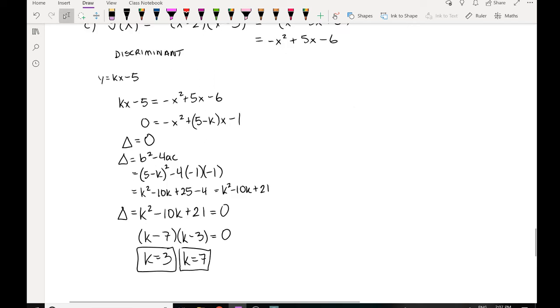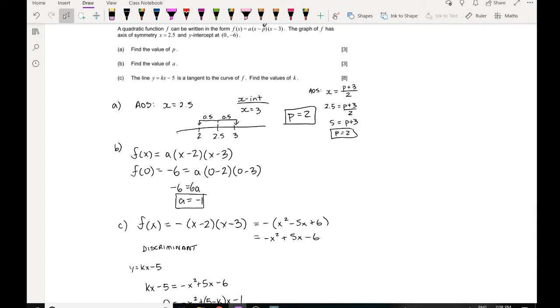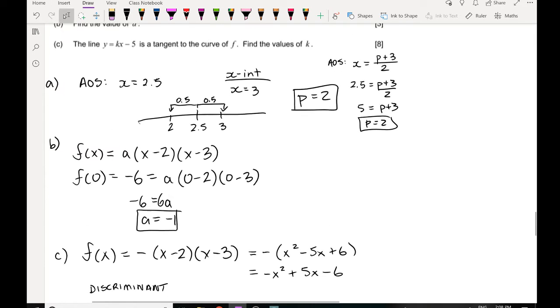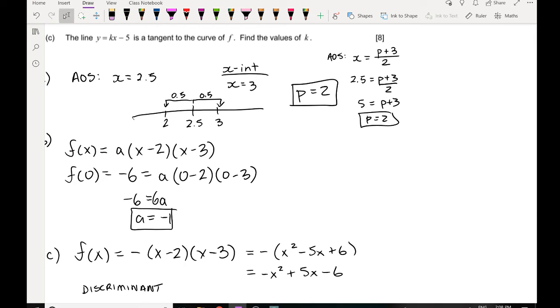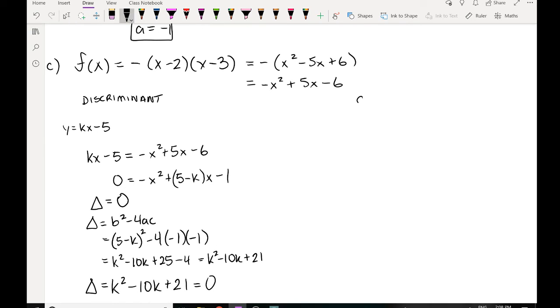And so the other thing that I could do, actually, can I solve this with calculus? I think so. Because what I would be able to do if I use calculus, so we're told that y equals kx minus 5 is a tangent line.